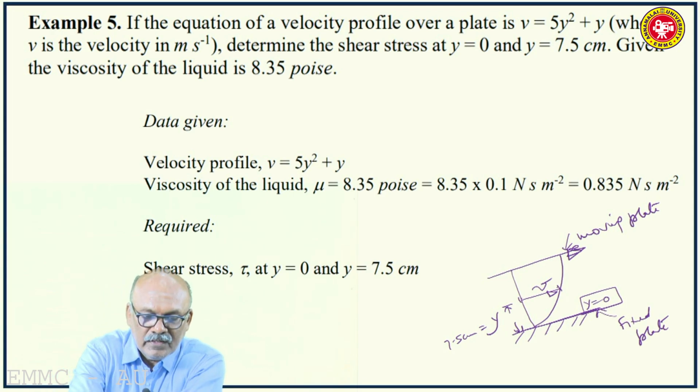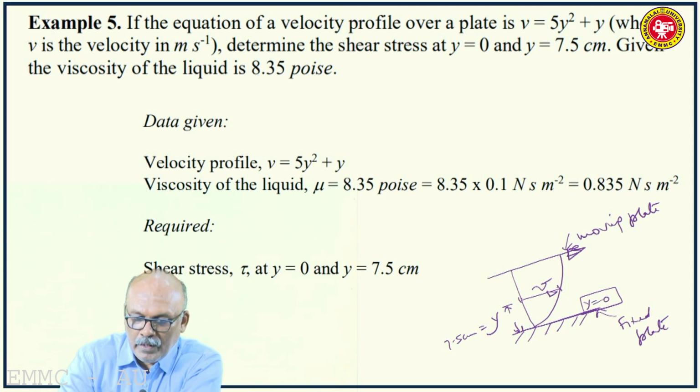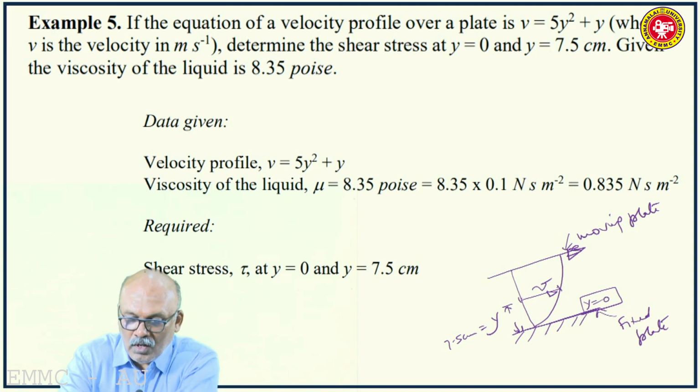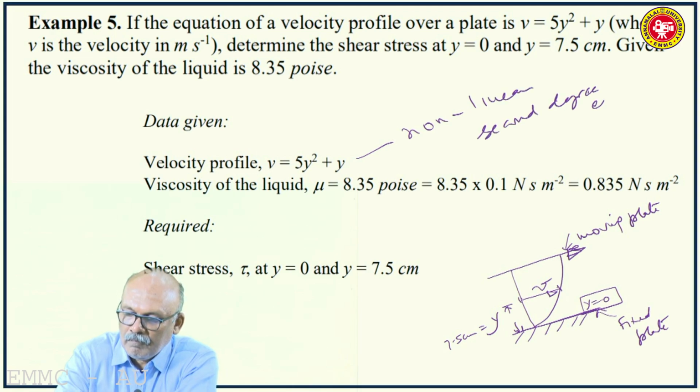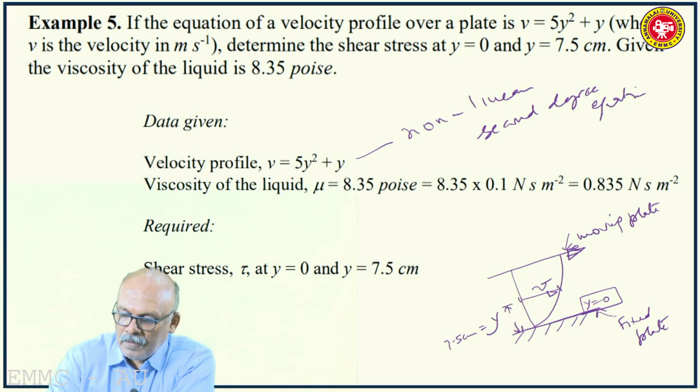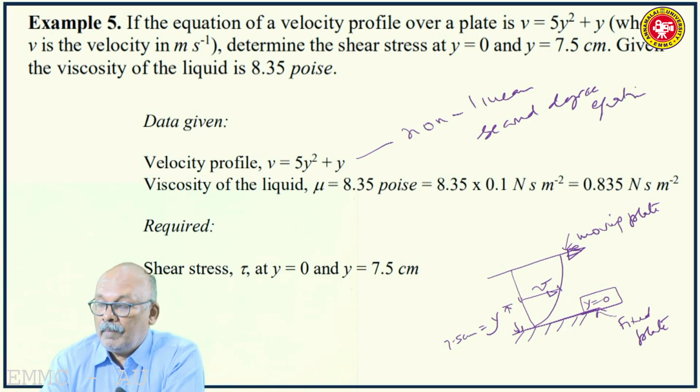So the viscosity of the liquid is given in poise, 8.35 poise. So the velocity profile is not linear, it is non-linear. It is a second degree equation. Something like a parabola, right?